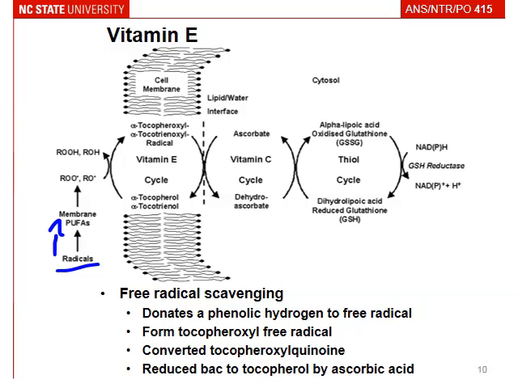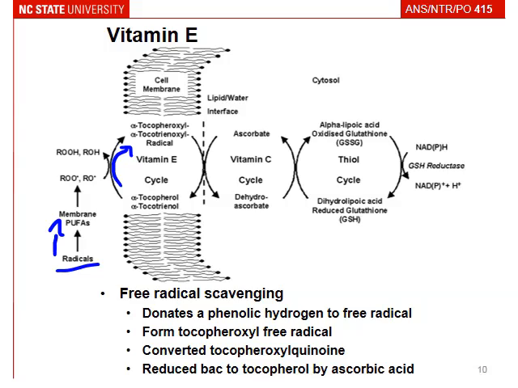So it's going to stop the initiation and propagation of the peroxidation that's occurring. We have our tocopherol or tocotrienol. It takes up the free radicals. And as I mentioned before, our natural antioxidants, the vitamins and minerals that act as antioxidants, are able to be resynthesized, compared to what our carotenoids and polyphenols are able to do.